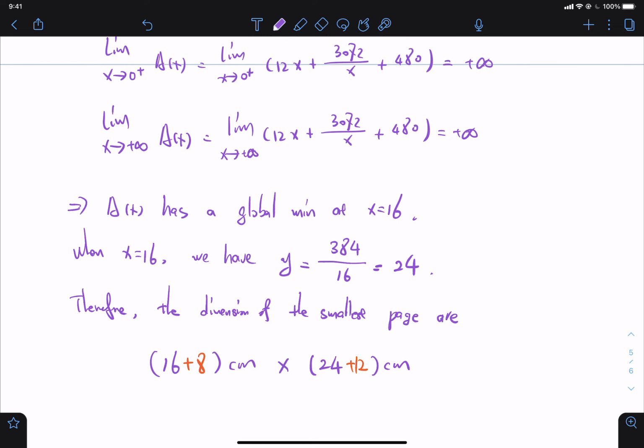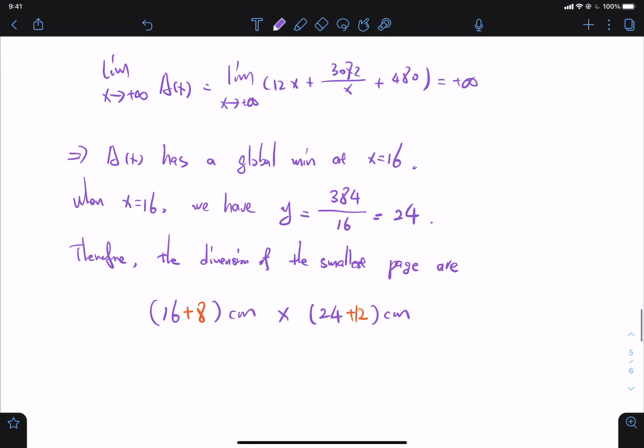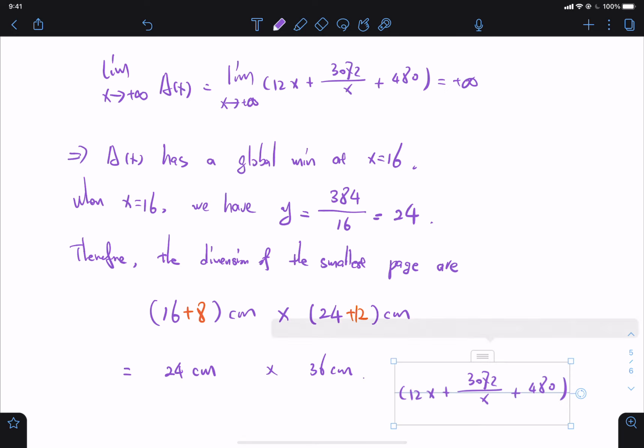And that is equal to 24 centimeters times 36 centimeters. So that is the dimension for the smallest possible page.